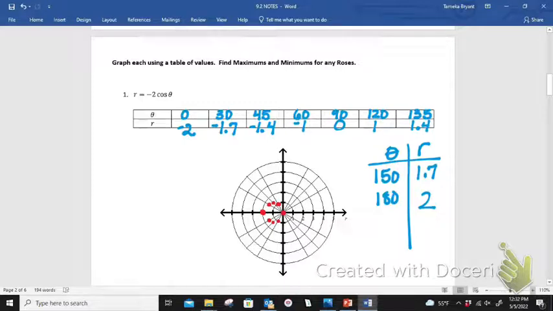If you were to keep going around and keep putting in numbers, you would just get the same points again. You would start finding that your points are overlapping each other. When you realize that, you know you've plotted enough. So when you connect it, it should look like this. And that's what your graph should look like.